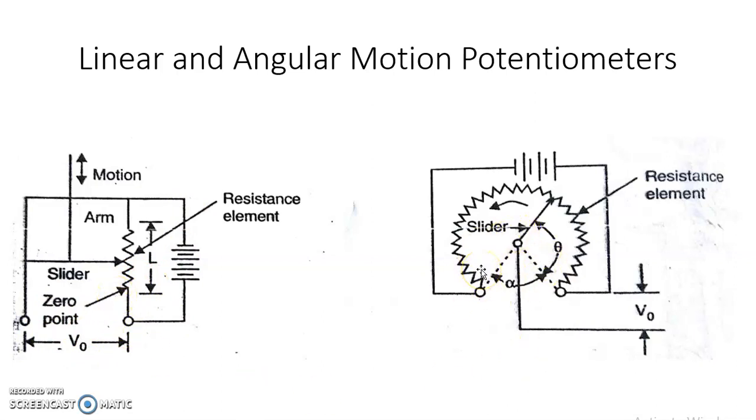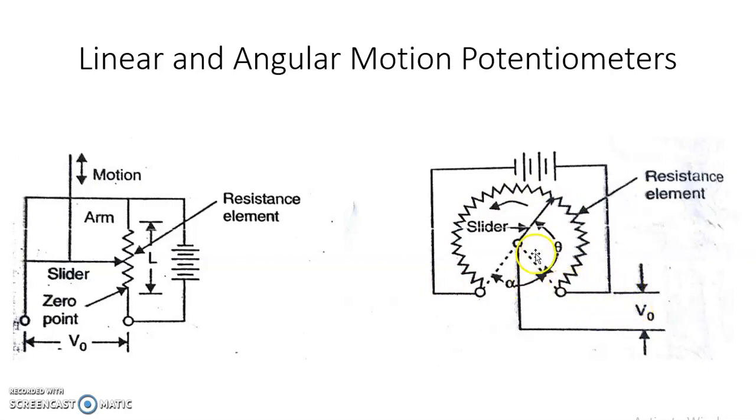The working principle is the same in case of angular motion potentiometer. Here, when the position of the slider is at this position, maximum resistance is included in the circuit.